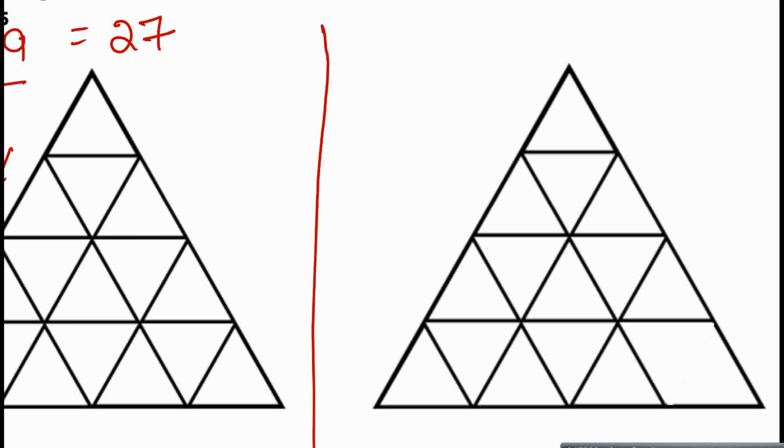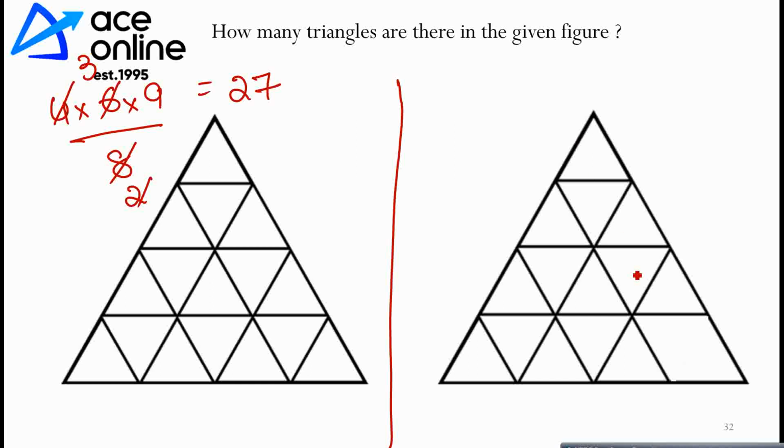The better way of solving this question is to take the overall count, with the line as dotted lines, that is the 27. If that line is missing, these two triangles only are affected. If this line is missing, these two triangles and this triangle are affected.